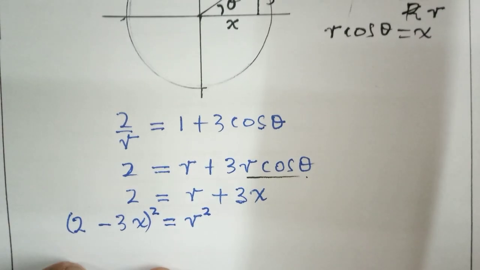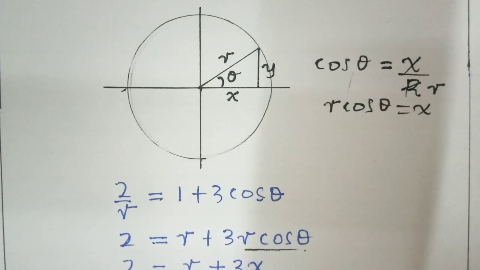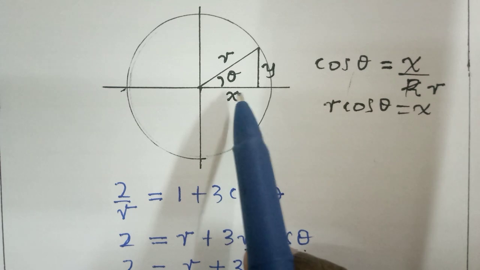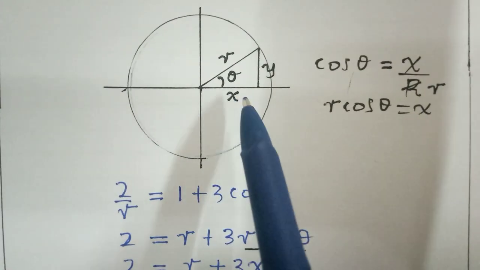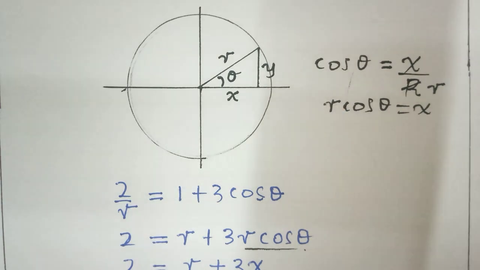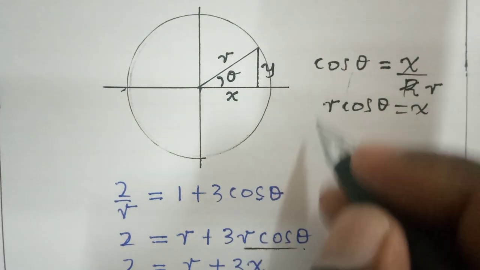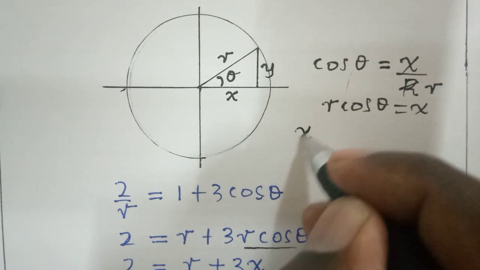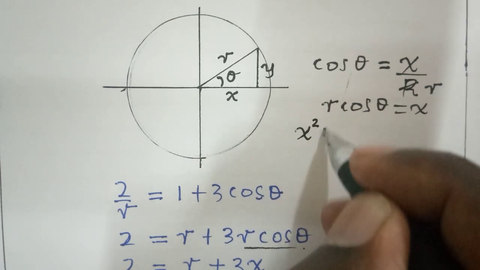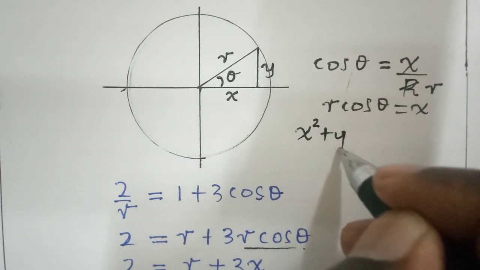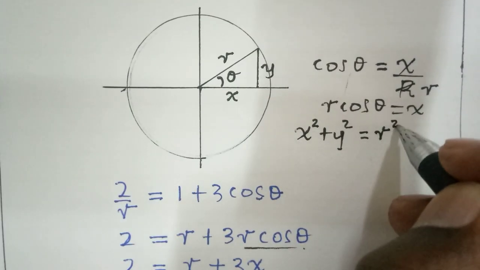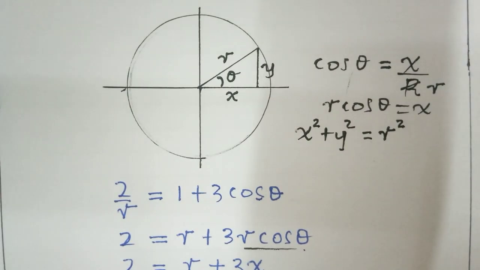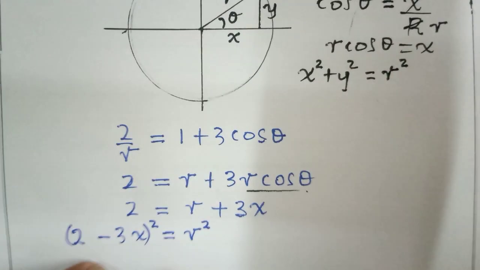But guys, we know from this circle of ours, we represent both the Cartesian and polar coordinates, that x squared plus y squared will give us r squared.